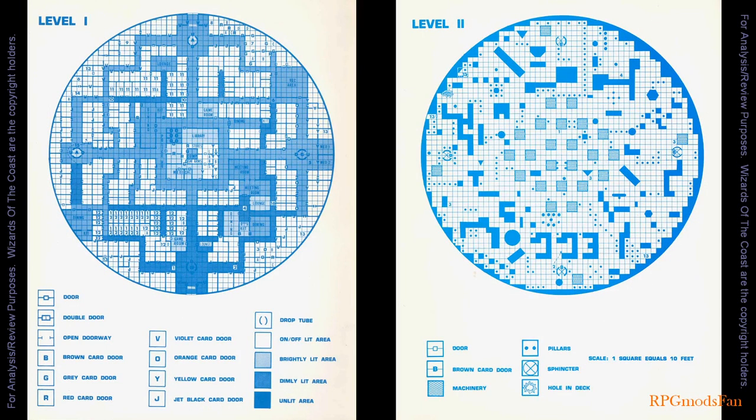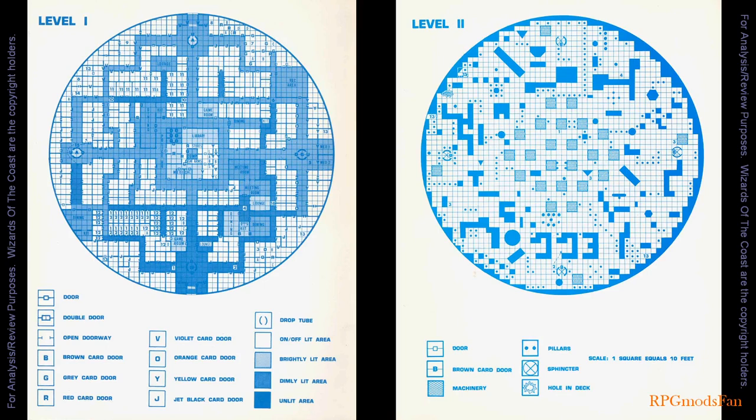The spaceship has a total of 6 levels. Displayed are the maps for levels 1 and 2. Level 1 contains quarters for the former officials, officers, and technicians, as well as meeting rooms, lounges, dining rooms, kitchens, game rooms, recreation areas, medical areas, laboratories, libraries, security rooms, stores, and the central computer.